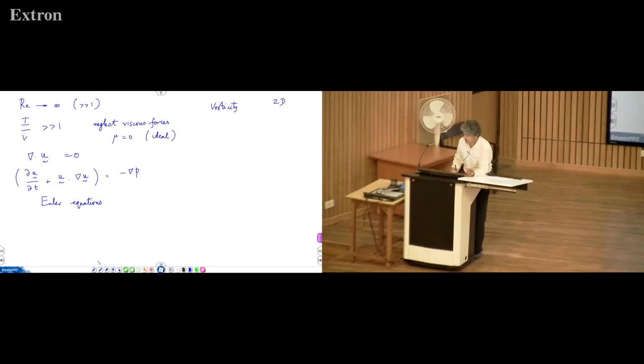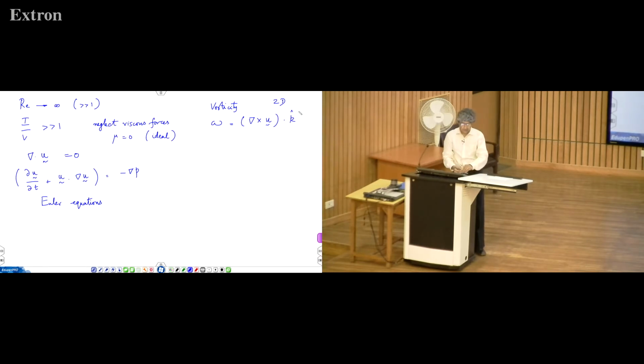Let us restrict our attention to 2 dimensions and define a quantity called vorticity, given a symbol omega, which is del cross u dot k.